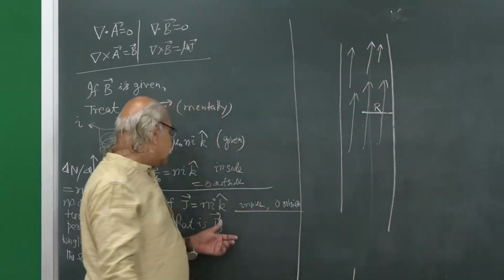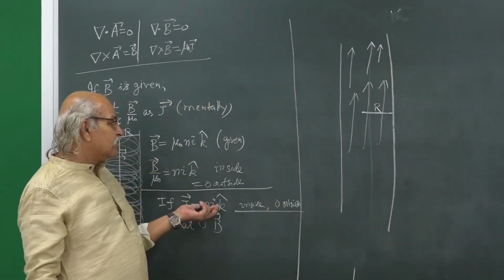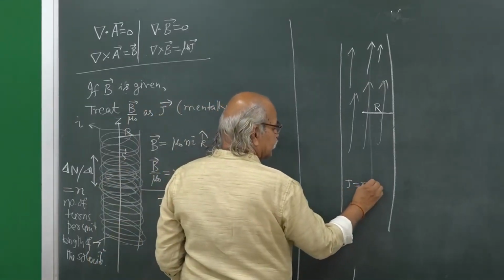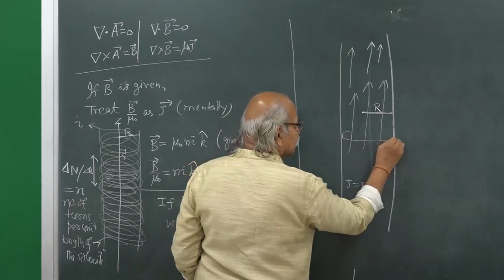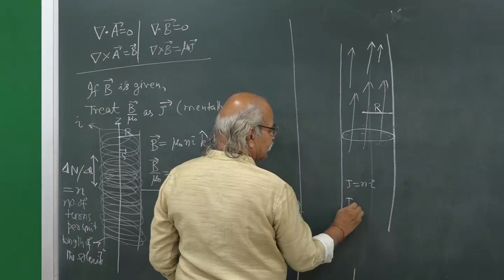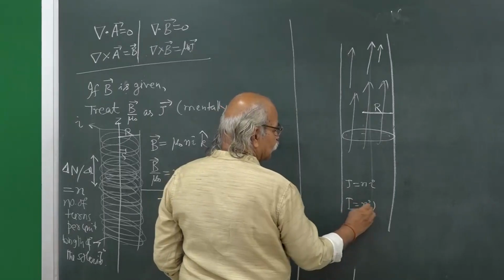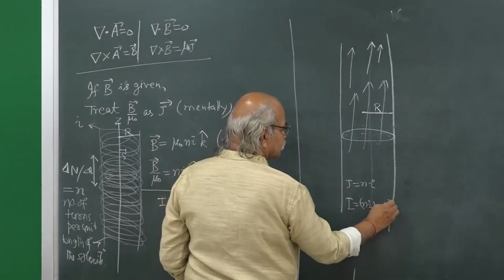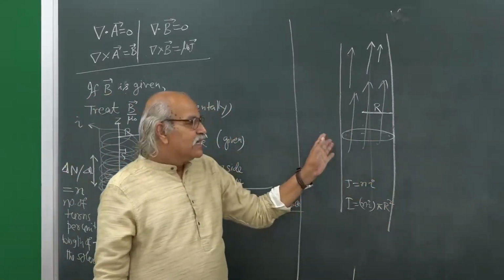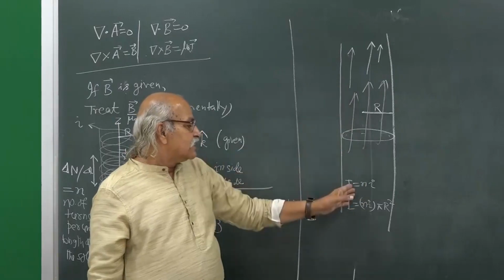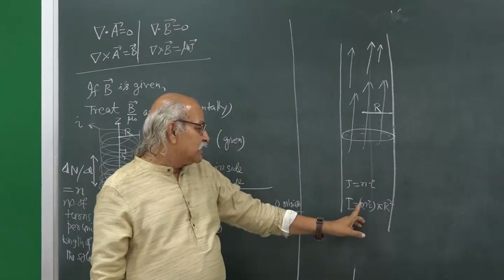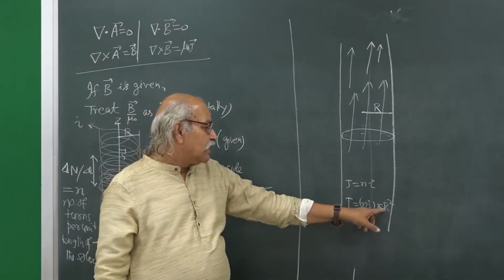It is a uniform J, J is Ni. That means if I ask what is the total current crossing this, the total current will be Ni into pi r square. And nothing outside, no current outside. Inside you have a constant current density Ni in k cap direction. Total current will be just Ni pi r square.